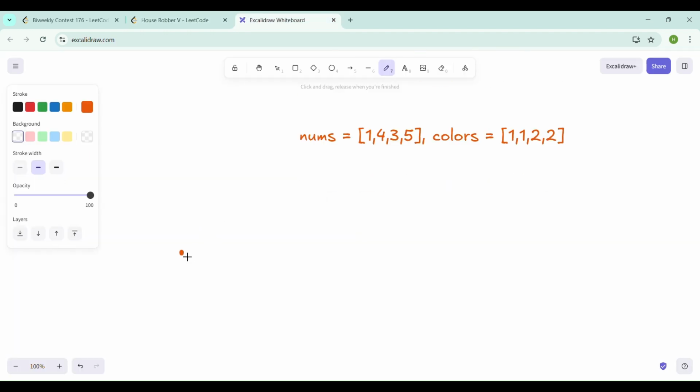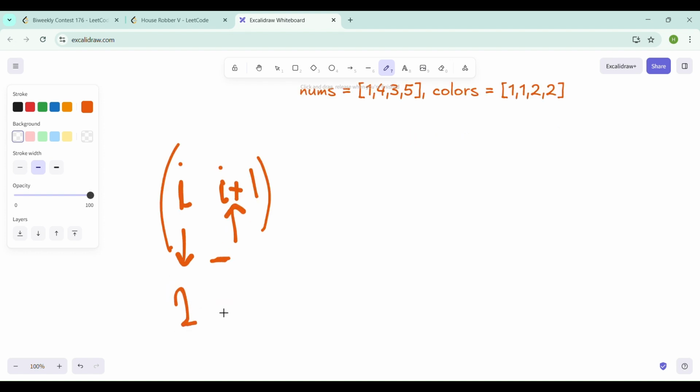Means if you, let's say, rob the ith house, then the i plus 1th house should be of a different color. If you want to rob this, you can skip this as well, but if you want to rob this, then let's say this color was 2, then this should not be 2 if you want to rob this, right? This should be 3, 1, anything it could be, but not 2, right? So let's say if you have robbed this house, then if you want to rob this house, then the color code should not match. This is what they meant.